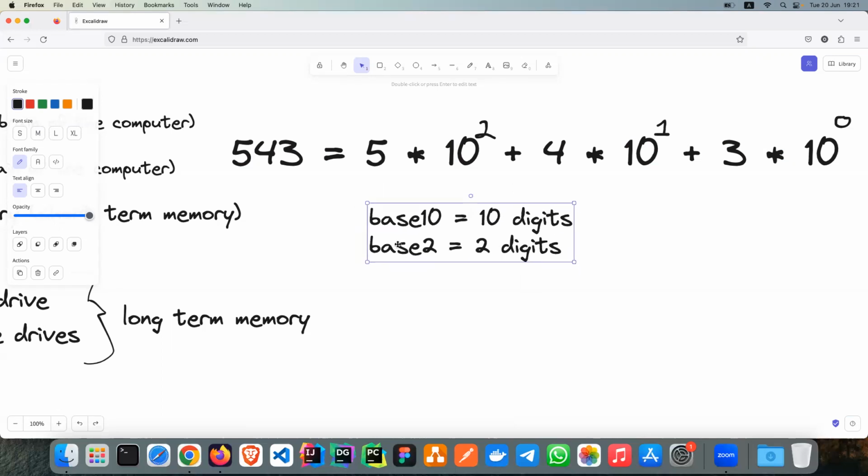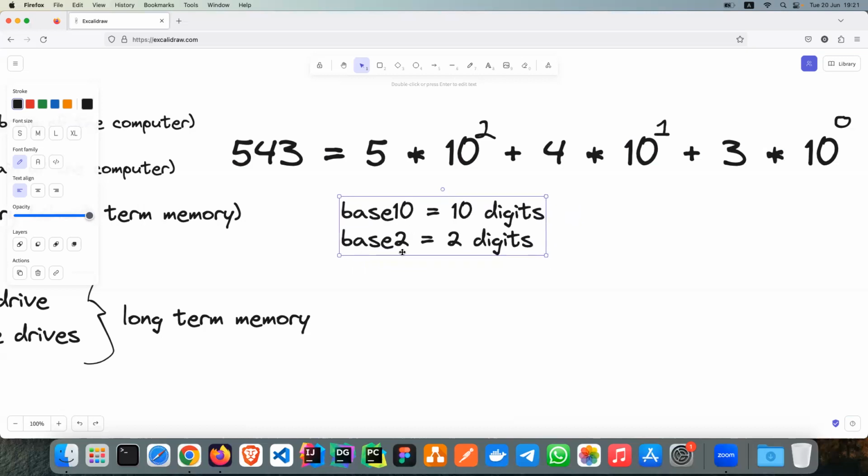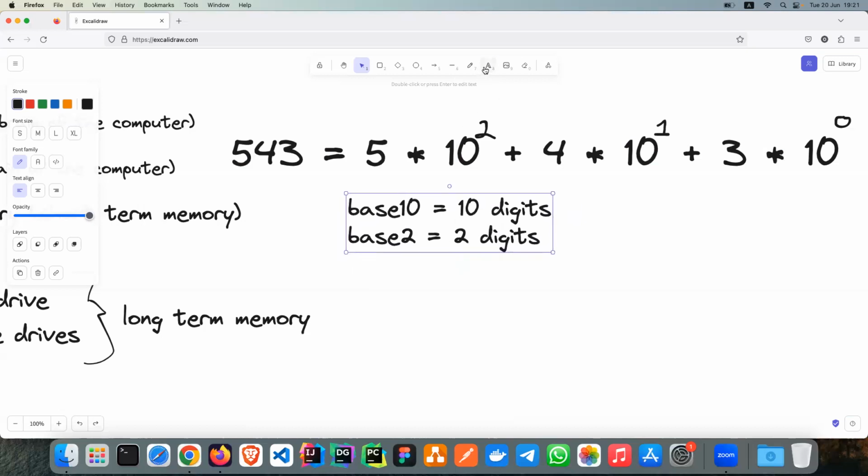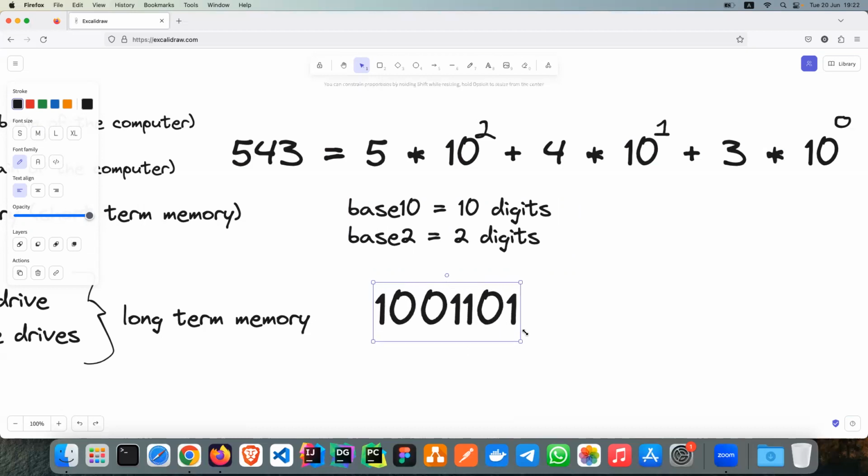Okay, let's say we have some binary number like this, 1 0 0 1 1 0 1. How can we represent it in decimal? Let's first look at what we do in decimal.